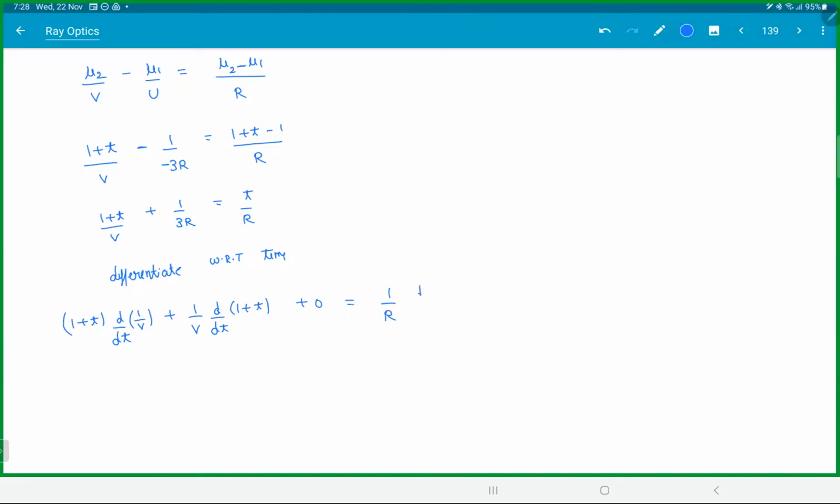R is constant, and that will be dt by dt. So this would be (1 plus t) times minus 1 by v square dv by dt. This would be 1 by v, and that is constant 1. This would be 1 by R. So from here we get dv by dt will be (1 by R minus 1 by v) times v square by (t plus 1) with a minus sign.